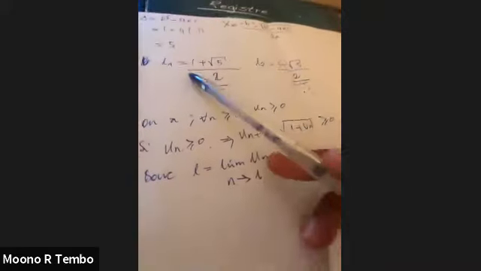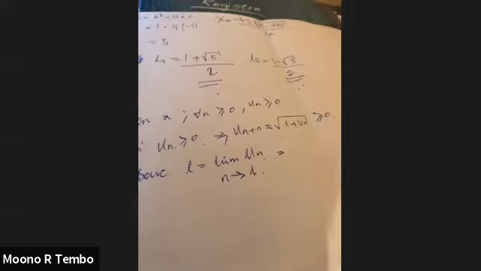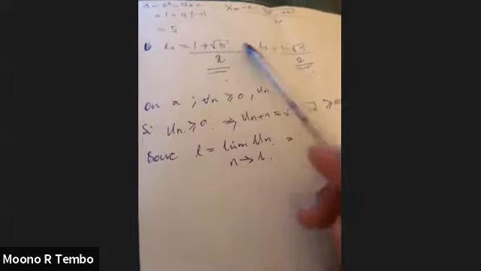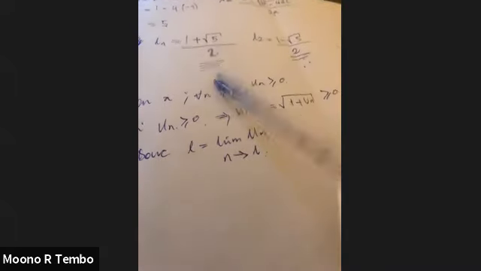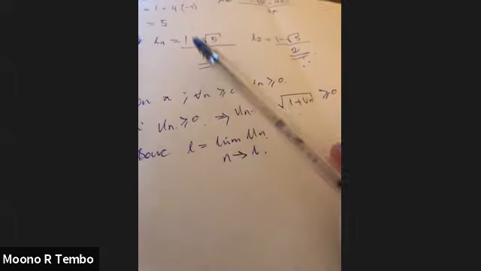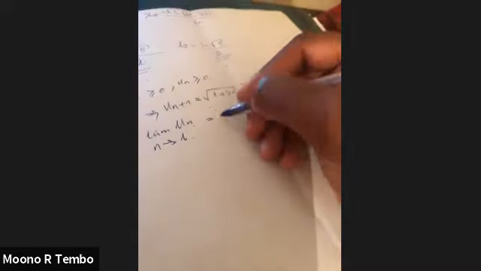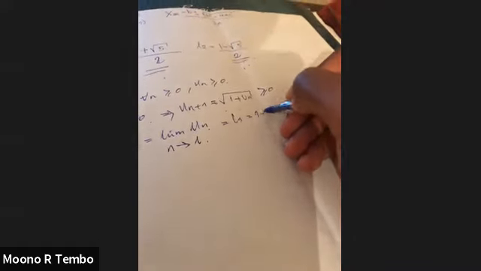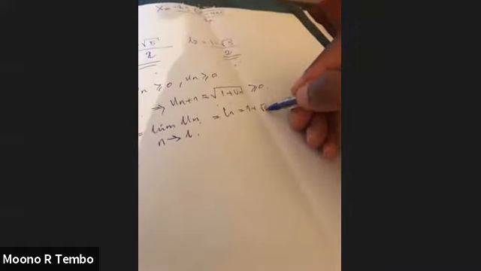So among L1 and L2, which one of the two defines this first probability where UN is greater or equal to 0? It's going to be this first one with the positive sign, because when you solve these, you're finding a positive answer, and this is the only answer that goes with this definition. So it's equal to L1, which is equal to 1 plus square root of 5 over 2.